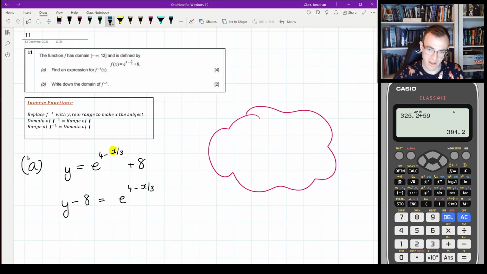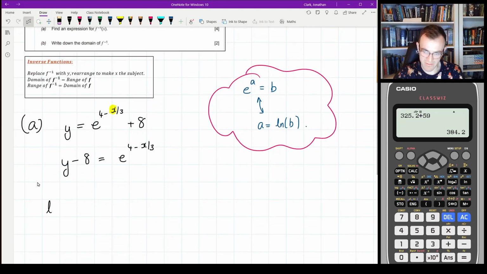If you have e to the power of a equals b, it can be expressed as a equals ln of b. So in this instance, I'm going to have ln of y take away 8 equals 4 take away x over 3.